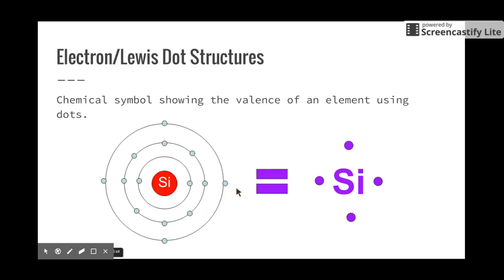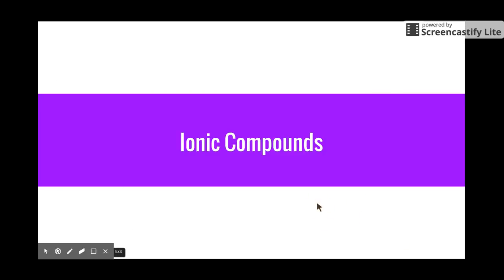Now the ones we really care about are these outside electrons right here. These are the ones that are called valence electrons, and they're the ones that are involved in bonding, and why atoms bond. So here, the chemical symbol, Si, would be used, and then we would draw dots around it. This is known as a Lewis dot structure, and Lewis dot structures are really just the symbol here, to show just the valence electrons of an atom.